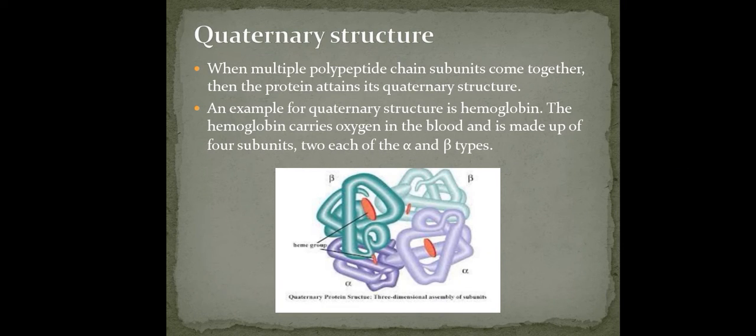And the next, quaternary structure. When multiple polypeptide chain subunits come together, the protein attains its quaternary structure. An example of quaternary structure is hemoglobin. Hemoglobin carries oxygen in the blood and is made up of four subunits, two each of the alpha and beta types.